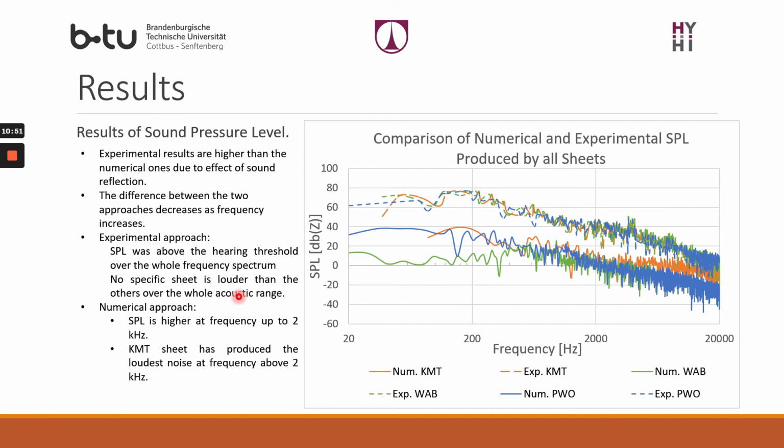Moreover, in the case of the experimental results, no specific sheet can be said to be louder over the whole acoustic range. However, in the case of the numerical data, we can see that starting from a frequency of 2 kHz, the numerical KMT sheet starts to show significant loudness over the other sheets.